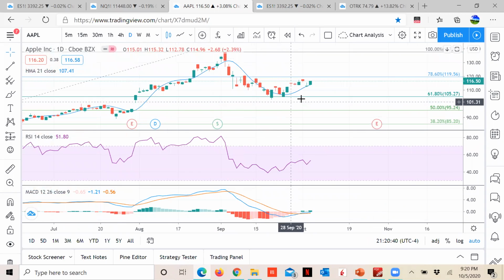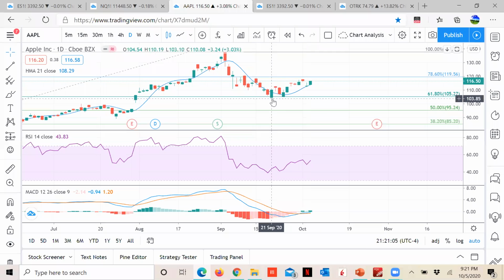If you look at this support, it's 105, right? So it went down, it hit this support, went up, came back down again to 105, then it's going up. It hit this resistance here, then slightly it came down, then it's going back up again.